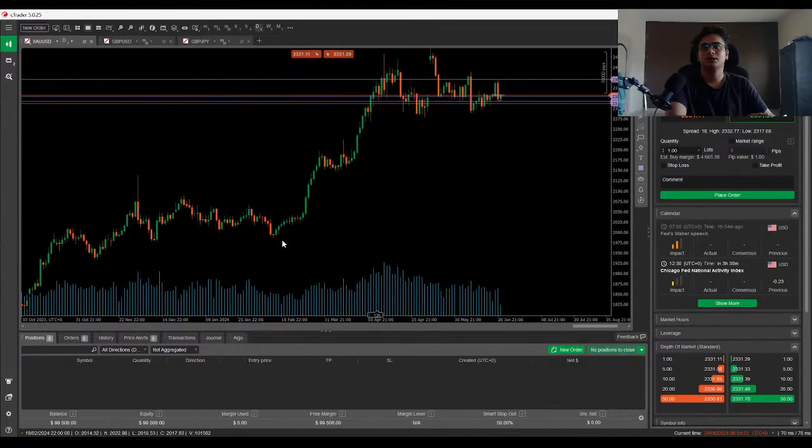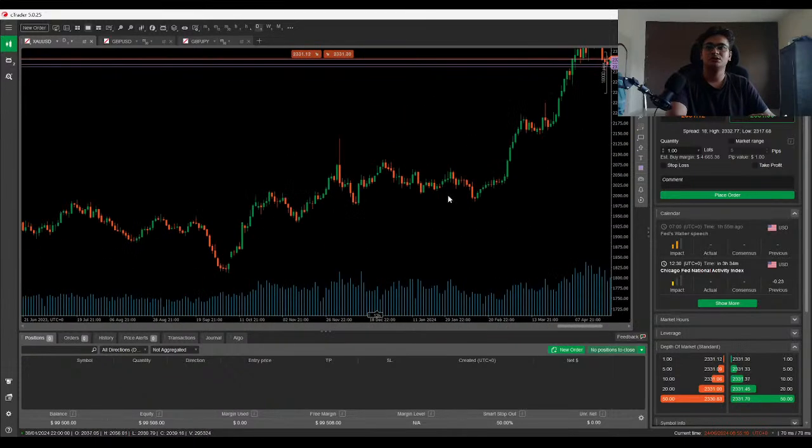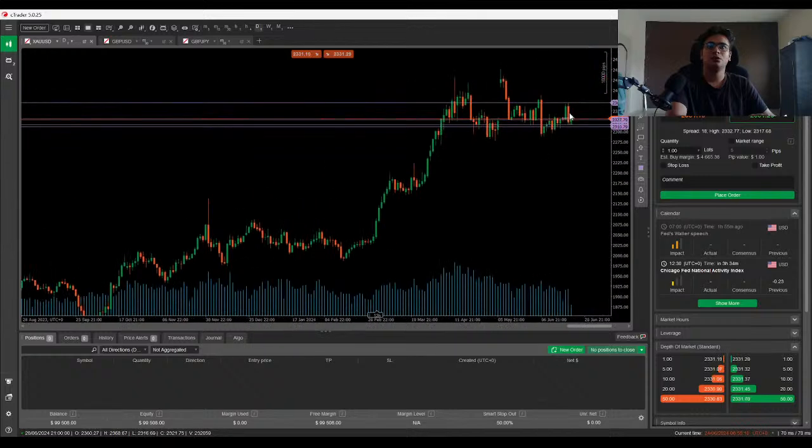Okay, so price is in uptrend, taking the highs, and we had a downside, then it went up. This was the highs. After that, we are still in this zone. So it's the same thing here. For us to move down, we need a big movement on gold.